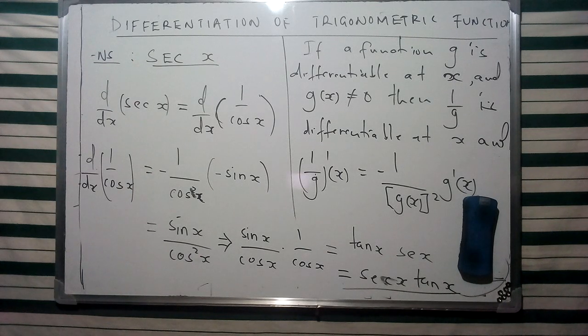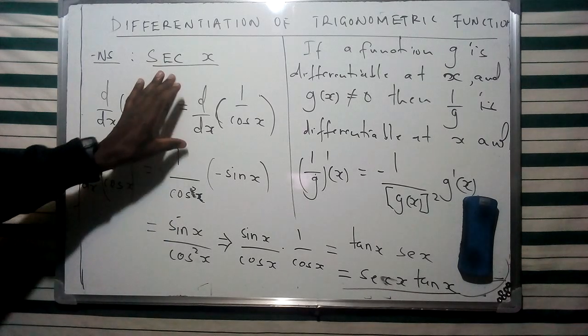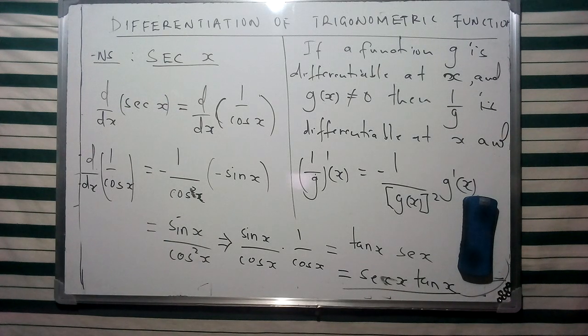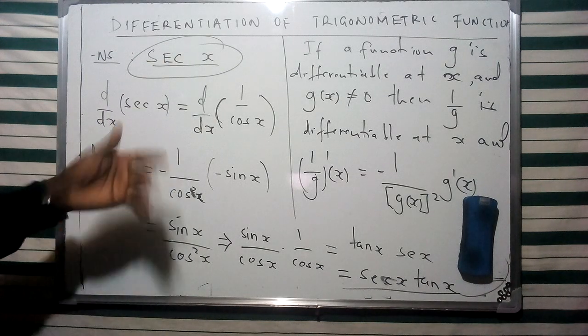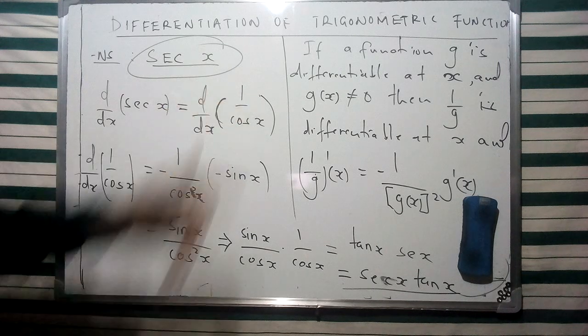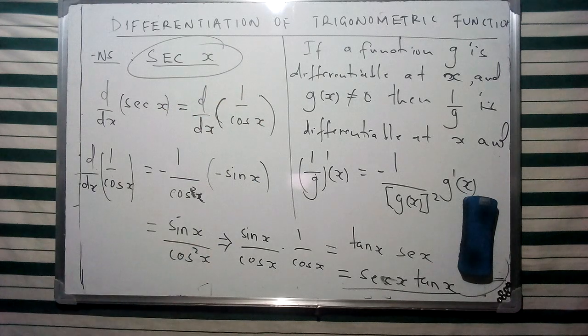As we are seeing from this, we employ various strategies, especially borrowing from the reciprocal rule, in order to find the differentiation of the trigonometric function sec of x, which is the inverse of the basic function cosine of x.